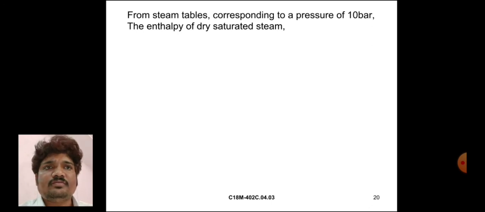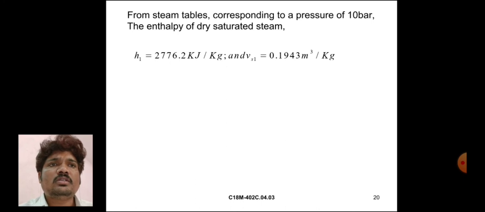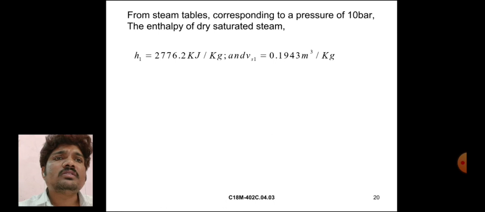From the steam tables corresponding to a pressure of 10 bar, the enthalpy of dry saturated steam H1 is equal to 2776.2 kilojoule per kg, and Vs1, the specific volume of saturated steam at entry, is 0.91943 meter cube per kg.